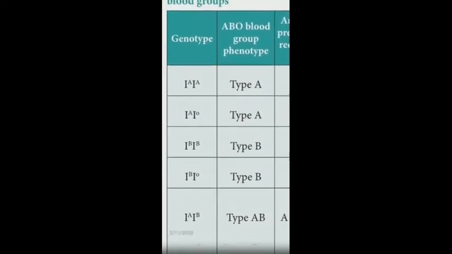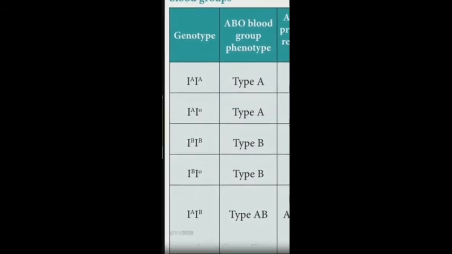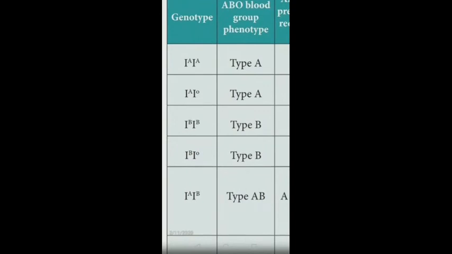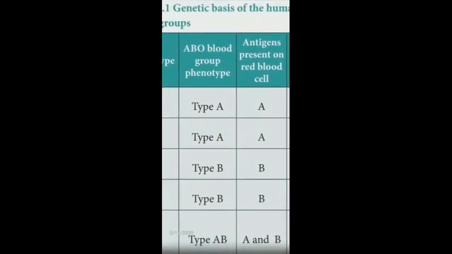And for the phenotype, the genotypes IA and IB are dominant to IO. What is dominant here?